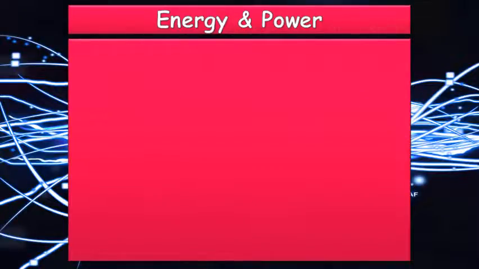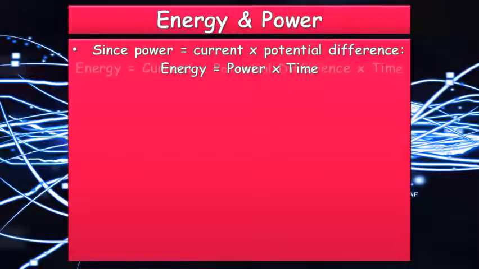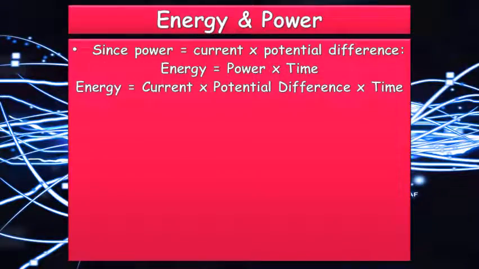Moving along to energy and power again. Since power equals current times potential difference, or voltage, and energy equals power times time, if you simply insert power into the equation, energy equals current times potential difference times time.